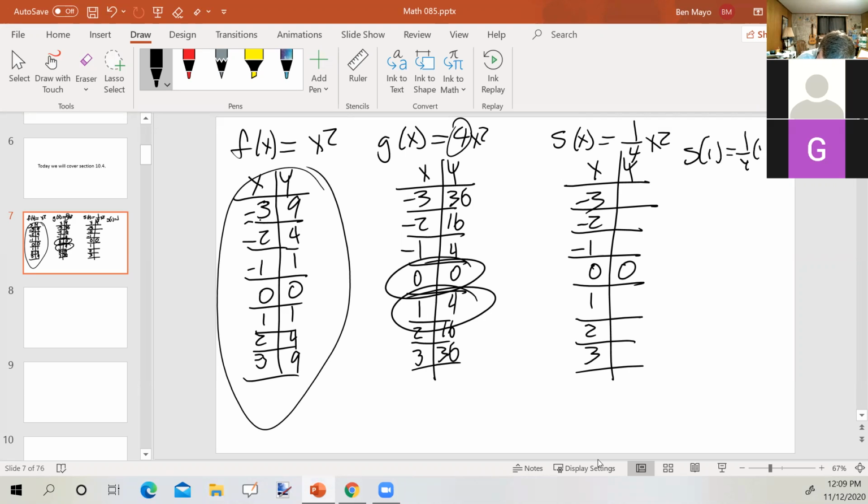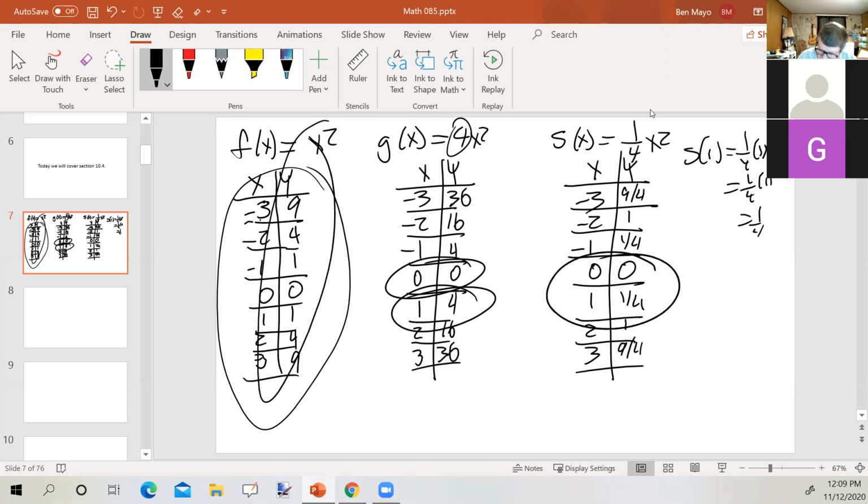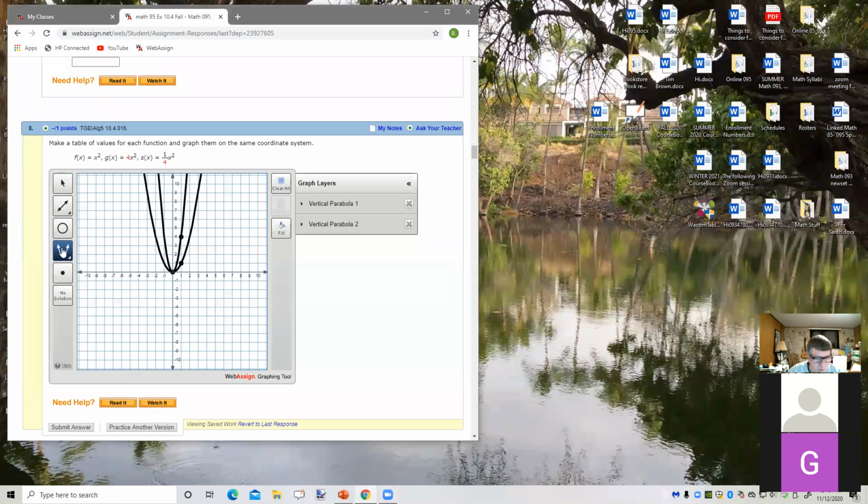That would be 1/4 times 1 squared, which is 1/4. The whole table would be 9/4, 4/4, 1/4, 0, 1/4, 4/4, 9/4, just 1/4 of these values. But I just need the vertex and one other ordered pair. So now I'm going to go back to the Webassign screen, make it blue, (0, 0), and (1, 1/4).